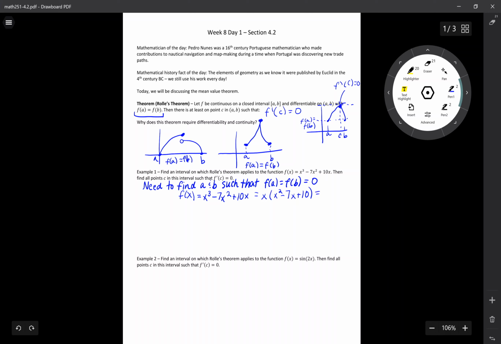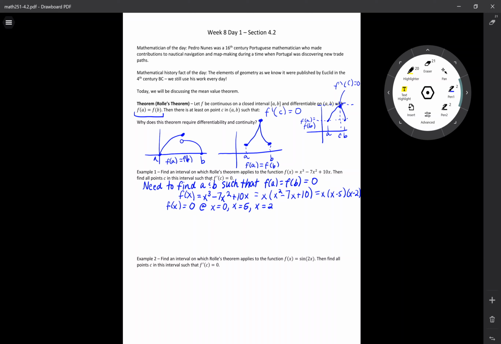And this factors as x times x minus 5 times x minus 2. So that means that f of x equals 0 at setting each of these terms equal to 0. I get that f of x equals 0 at x equals 0, x equals positive 5, and x equals 2.